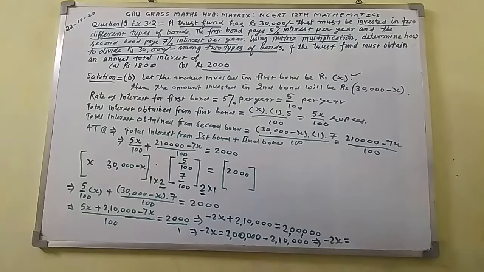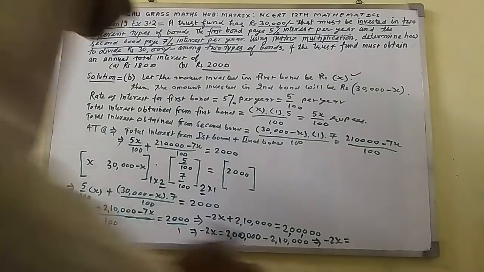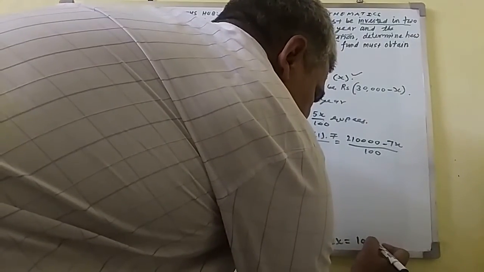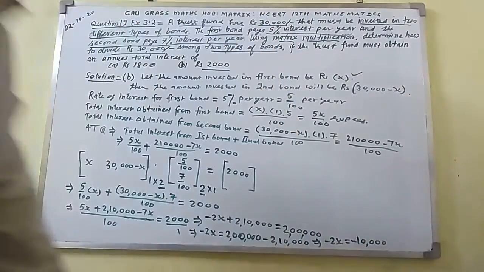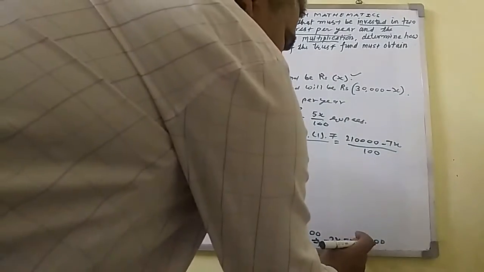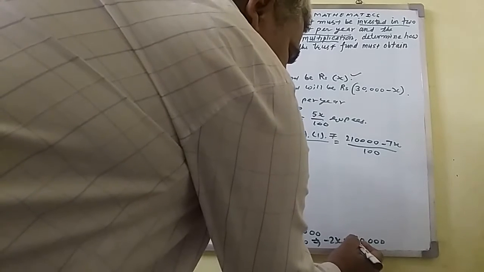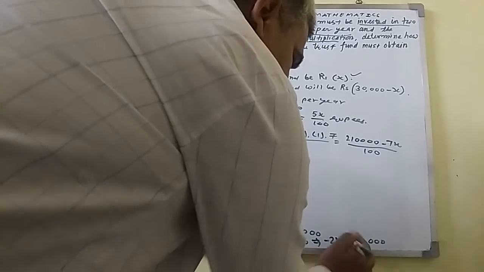The lower value will be subtracted from the greater value. So you will get here 10,000 and the sign will always be of the greater value. So write the minus sign here. The minus sign will be written.